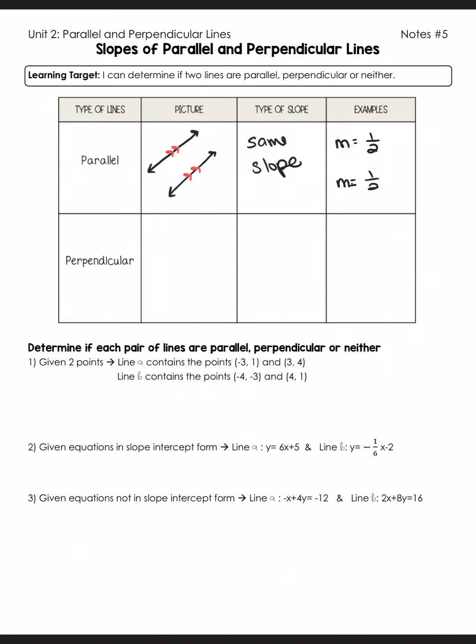Perpendicular lines are lines that intersect, and they intersect and create right angles. When we look at their equations, their slopes are negative reciprocals, which means they're really the complete opposite.